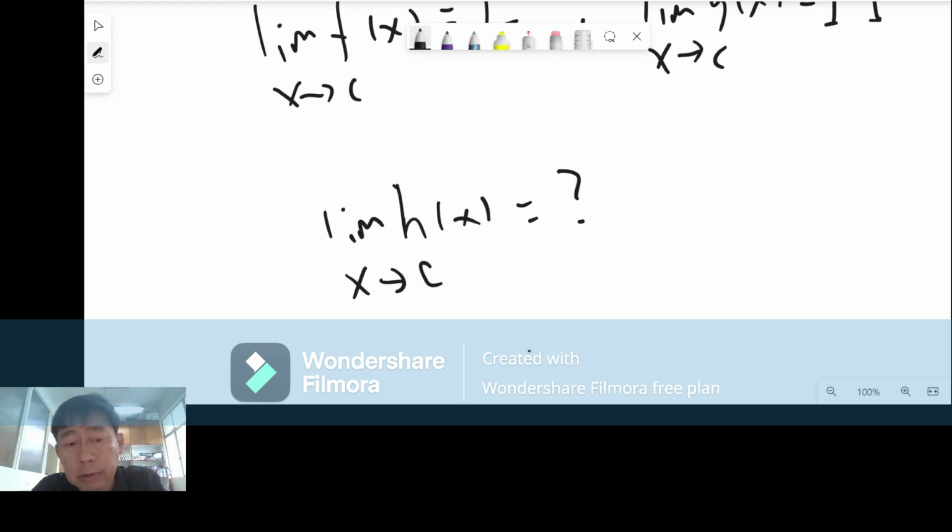In general, the question of the limit of some arbitrary function at a point c is kind of not easy. However, we will learn in this course how you are able to work out the answer for limits like this by using certain rules or certain tools.